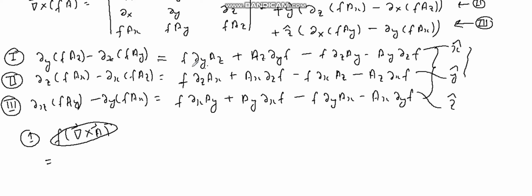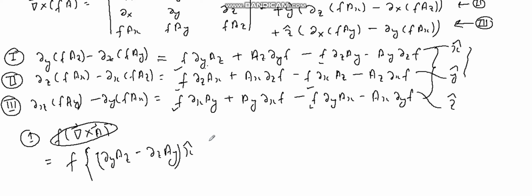We take all the terms which have f as a factor or coefficient, so f will be out. Then we have del y az minus del z ay, times x cap. We have taken these two terms.